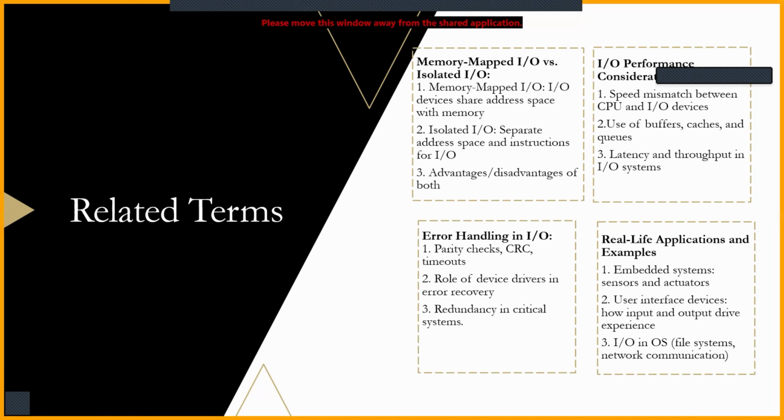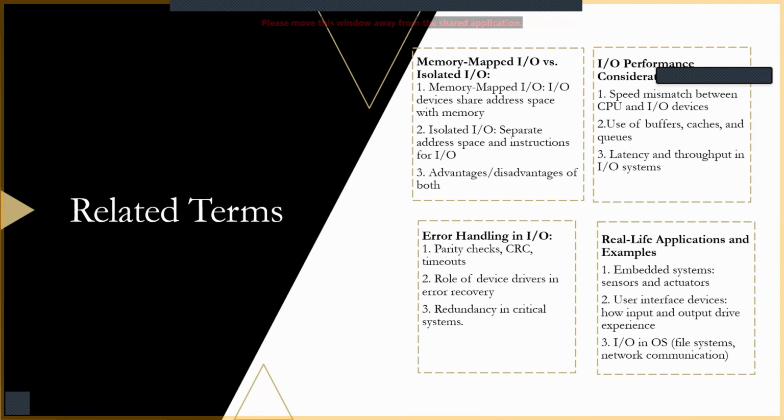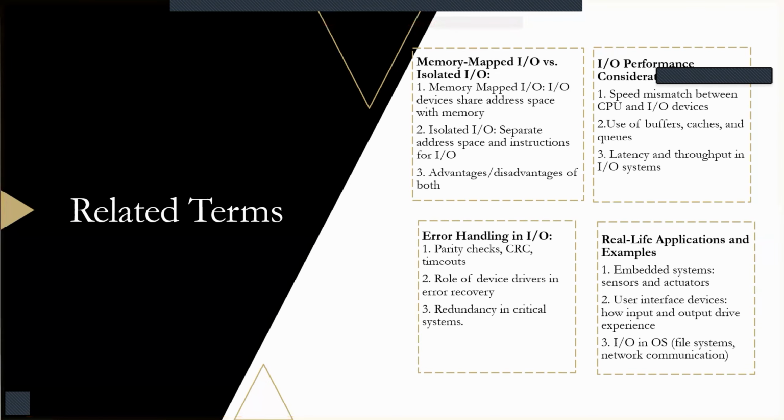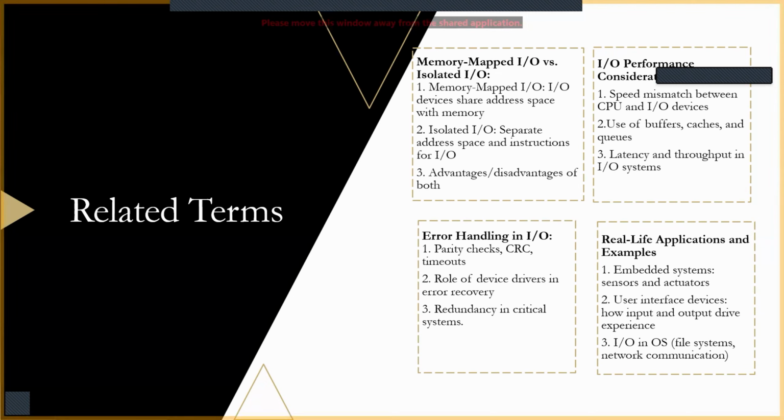We have error handling in input outputs. That is parity checks, CRC, and timeouts. The role of device drivers is necessary for error recovery. And then we have redundancy in critical systems.